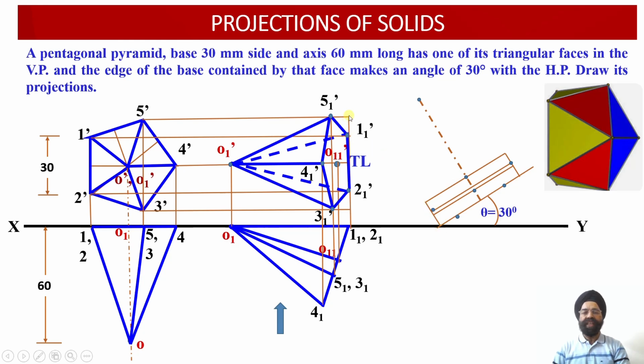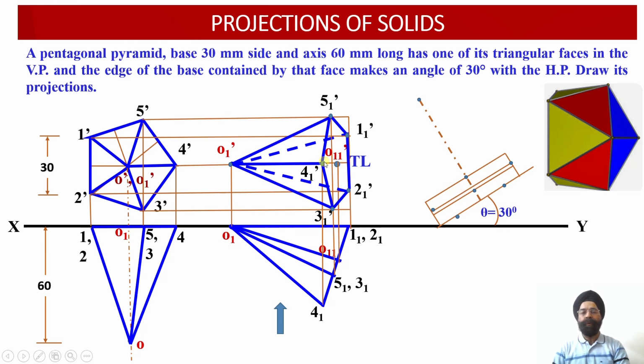Now we know the distance of point 1 1 dash from this edge, 2 1 dash from this edge. So 1 1 dash and 2 1 dash can be drawn. So this is 1 1 dash. This is 2 1 dash. Now from this point we know the distance of 3 1 dash. From this point we know the distance of 5 1 dash. So these 2 points, 3 1 dash and 5 1 dash, we have been able to obtain. And then from this point, this distance will provide us with O1 1 dash.